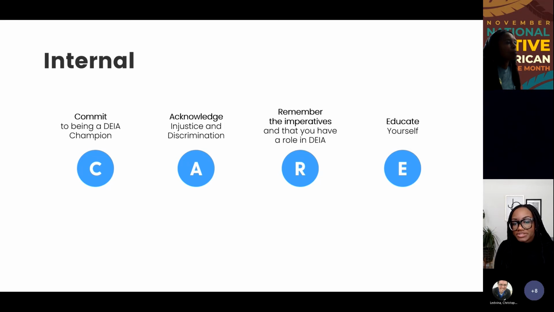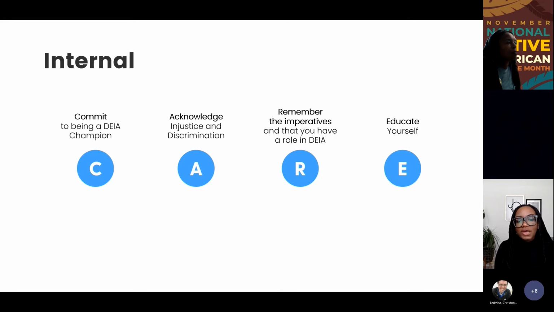And then E, educate yourself. There is so much information out there to consume in the DEI space. There are books, there are podcasts, there are magazines, there are webinars, which you're attending today, where you can find information.